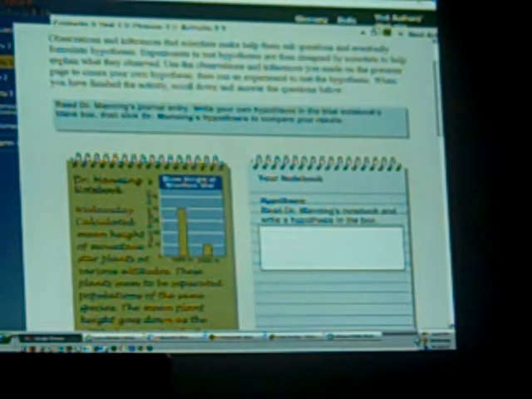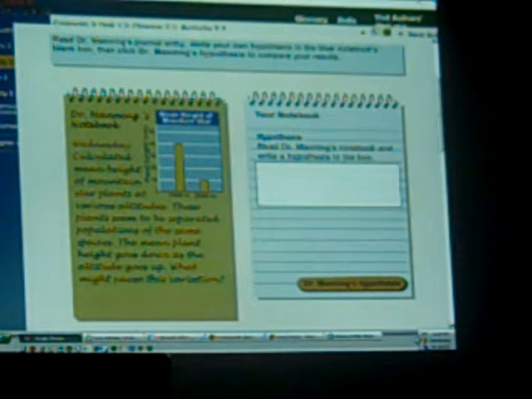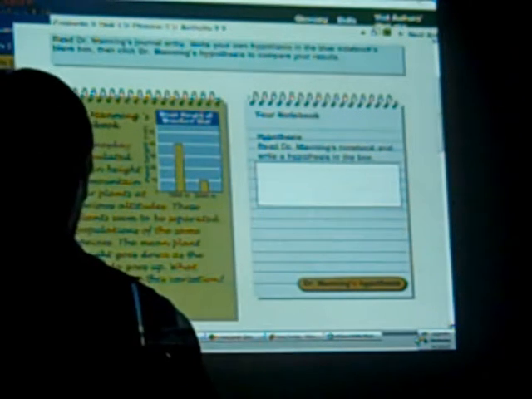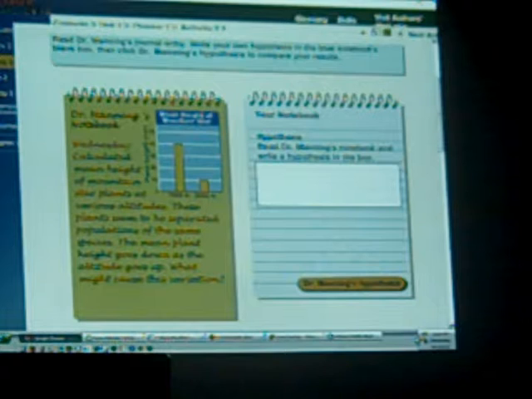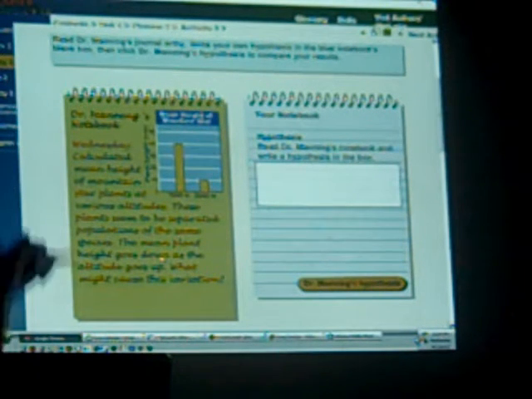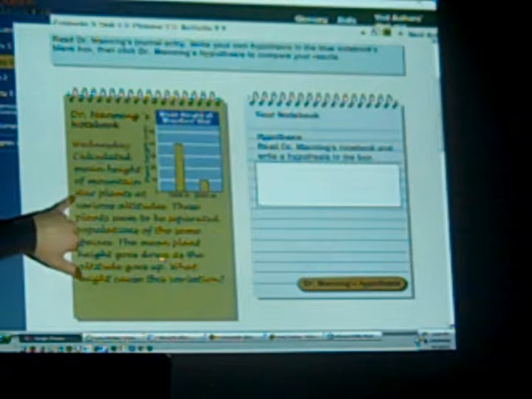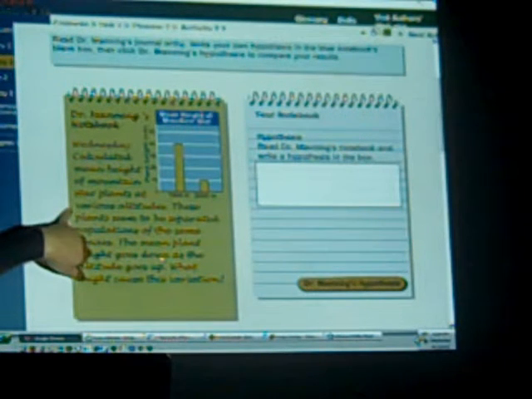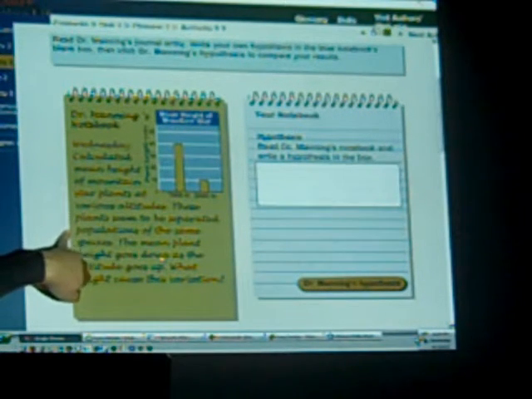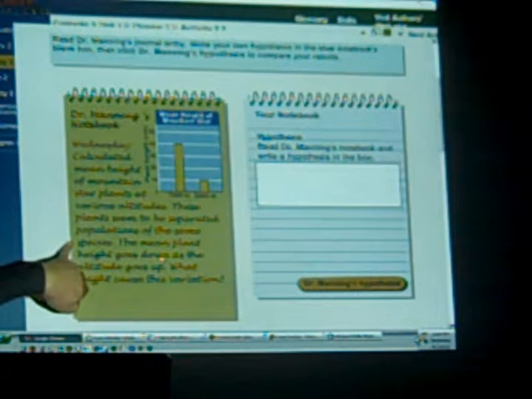We use our observations and previous experience and knowledge to come up with a hypothesis. Dr. Manning's notebook says, Wednesday. Calculated the mean height of mountain star plants at various altitudes. These plants seem to be separated populations of the same species.